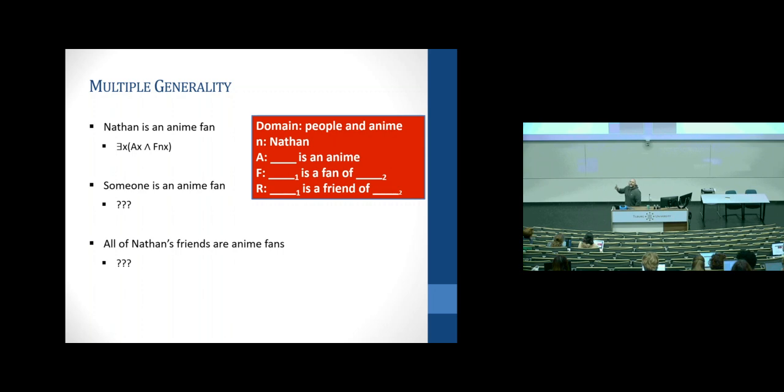Now, how would I say someone is an anime fan? We've got it where it's me, but how would I say someone? Let's just think, right? We could take that same structure and rip my name out and plug in an existentially quantified variable. That will give us a way to say it.